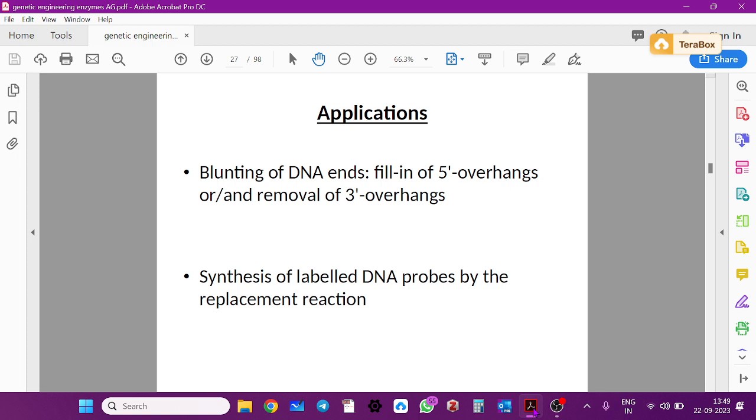For example, in such a DNA you can add radio-labeled nucleotides, so the ends of the DNA become labeled. So you can use this radio-label to probe something inside a cell.